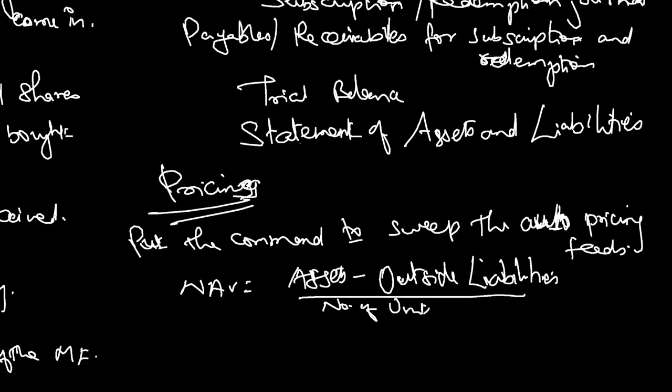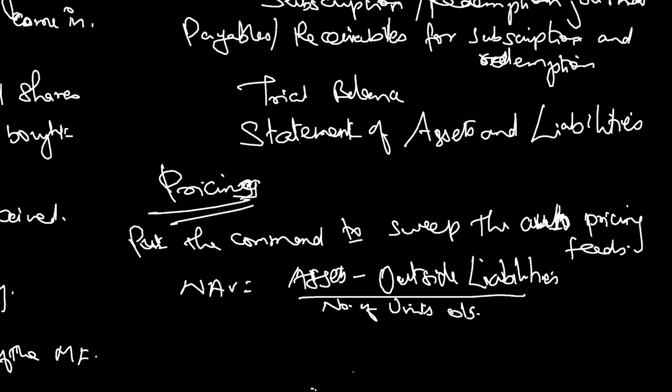This is the formula that the system will use, and then it will come up with the price per unit, that is NAV. So we have all the latest prices of the assets and liabilities, and it prices the fund.